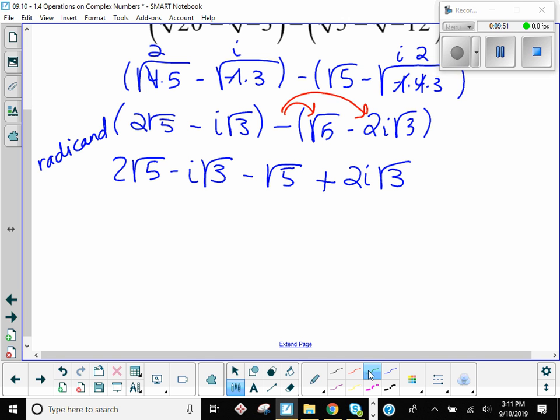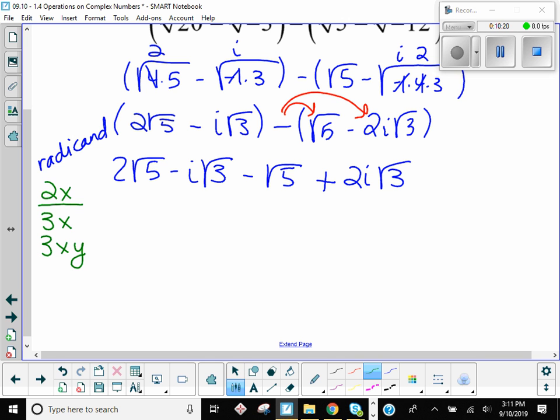Like, for example, if I have this term 2x, I know I can add 3x to it because they are like terms. The thing after the coefficient, the x's, is exactly the same. But for example, I couldn't add 3xy to 2x because even though they both have x, that y makes them different. Same thing with the radicals.